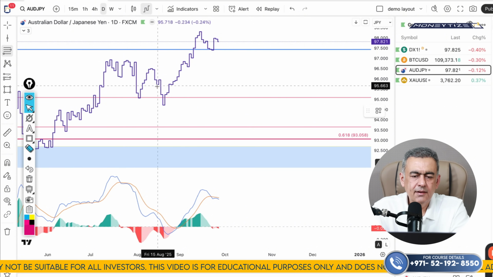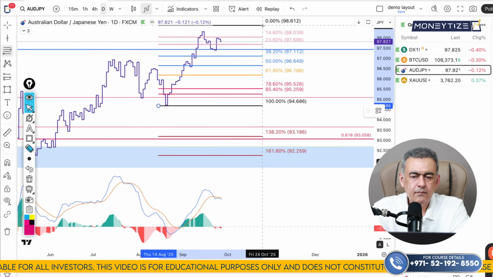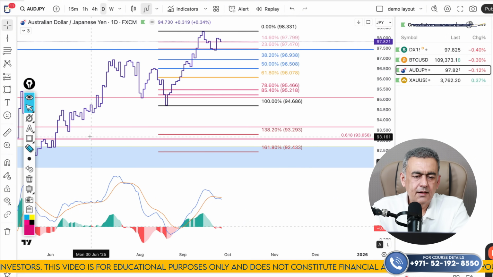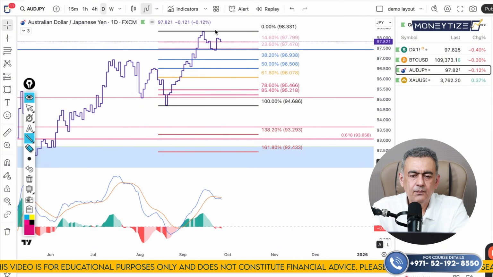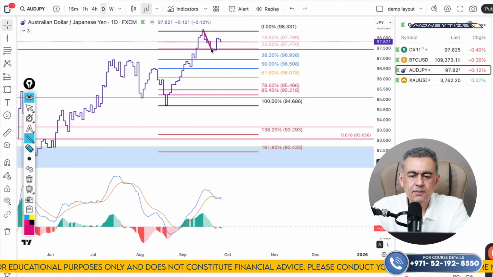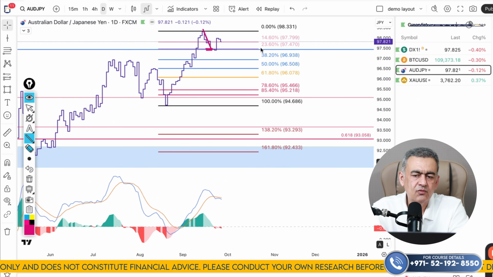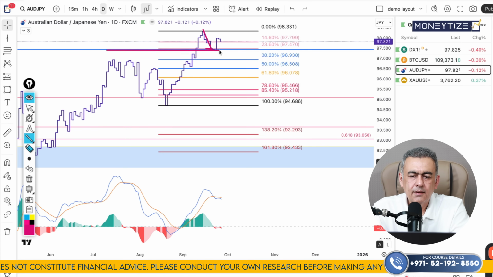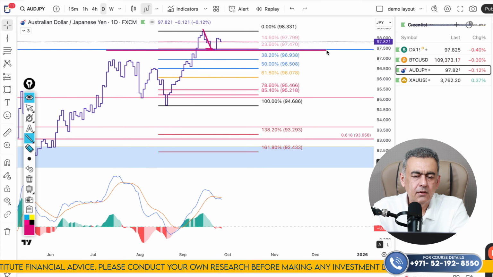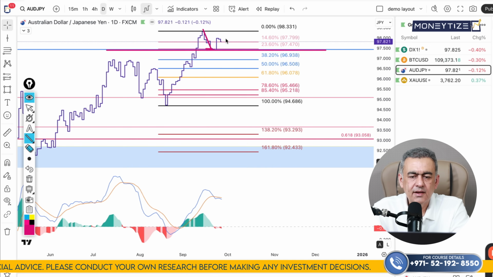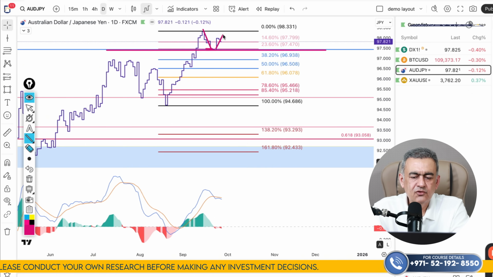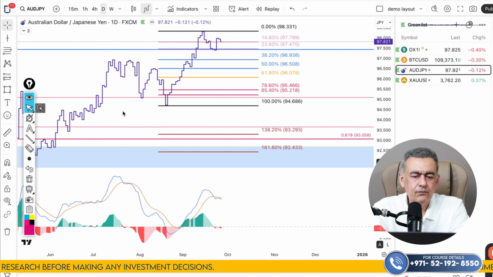So let's apply, and I can see that sellers from the top, they have pushed the price exactly to the magnet support. This is the confluence of Fib retracement 23.6 and the Fib retracement line taken on the higher time frame, and we got the bounce here, and after the bounce I'm expecting the continuation lower.